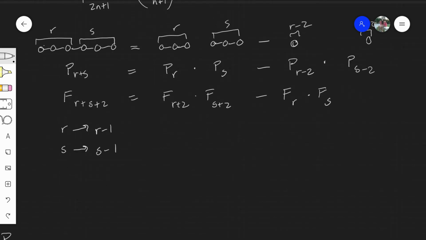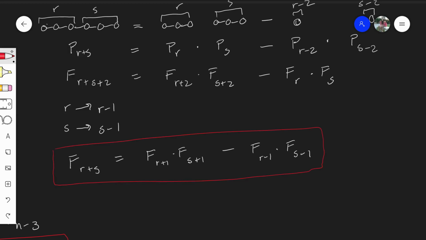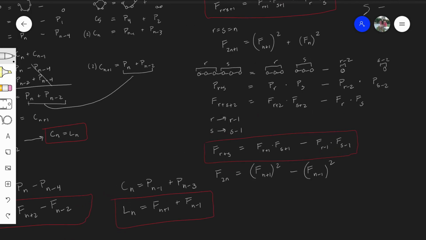We can tidy this up just a little bit. And this becomes F sub R plus S is equal to F sub R plus 1 times F sub S plus 1 minus F sub R minus 1 times F sub S minus 1. Fantastic. When R and S are both N, F sub 2N is equal to F sub N plus 1 squared minus F sub N minus 1 squared. And there are many more identities you can prove.